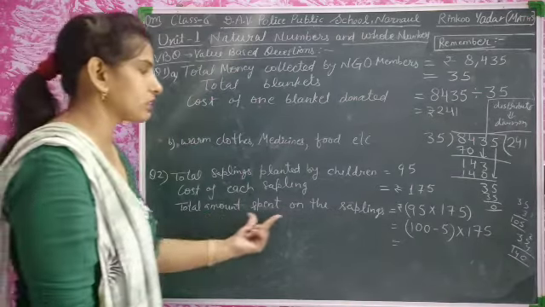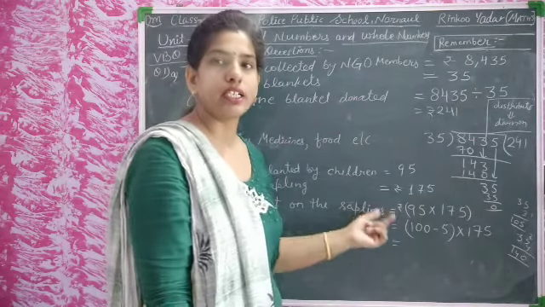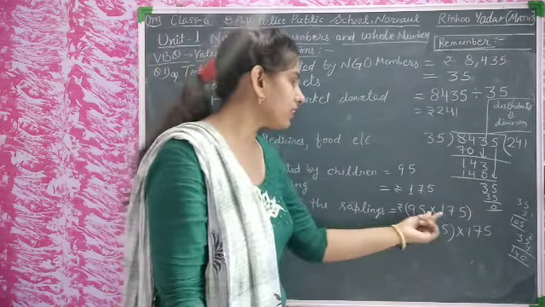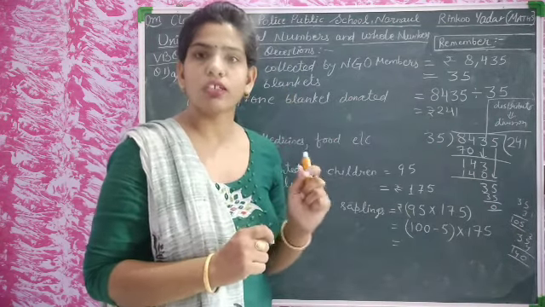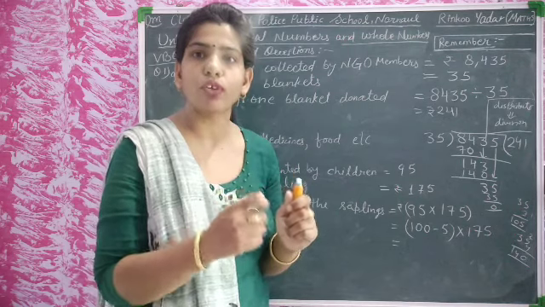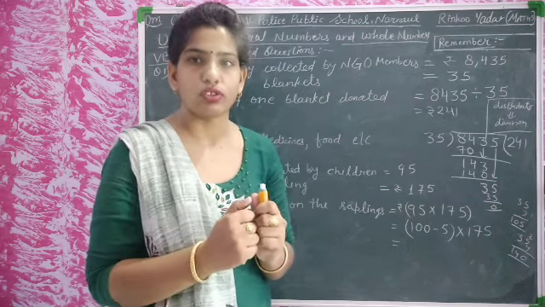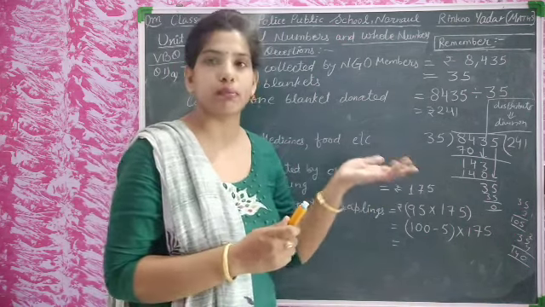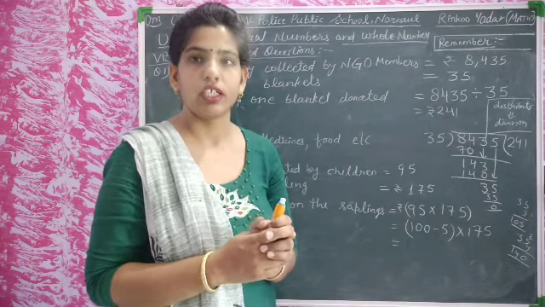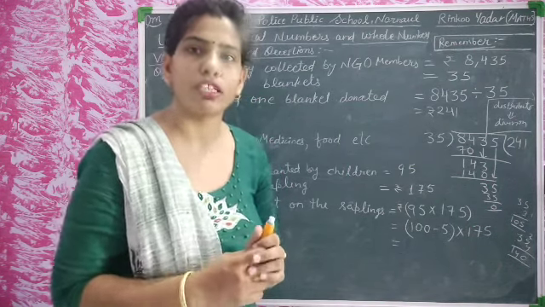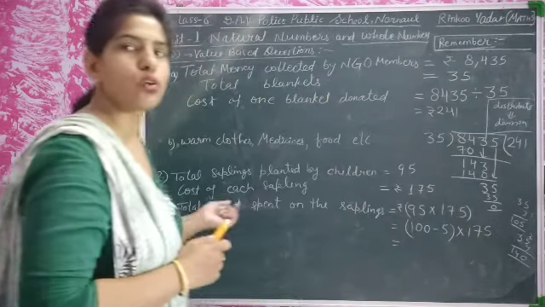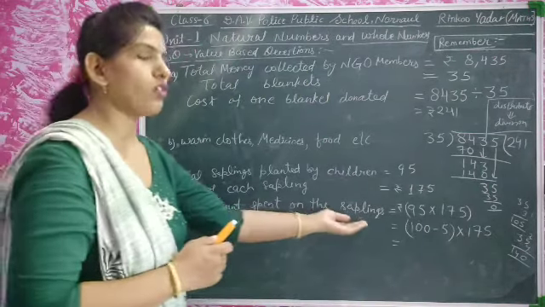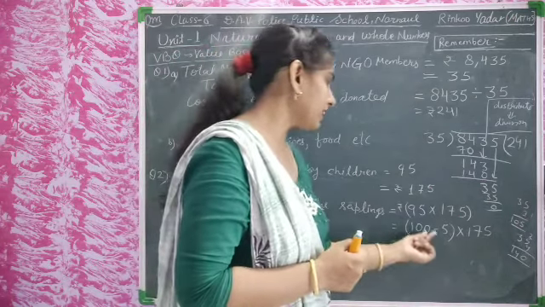So the total amount spent on the saplings must be found by multiplying, because only one sapling's cost is given, but you have to find the cost of 95 saplings. So you are doing the multiplication: 95 into 175 is the total amount spent on the saplings.